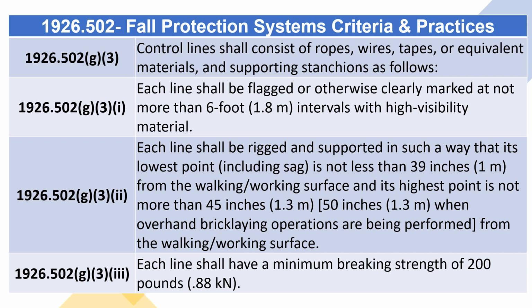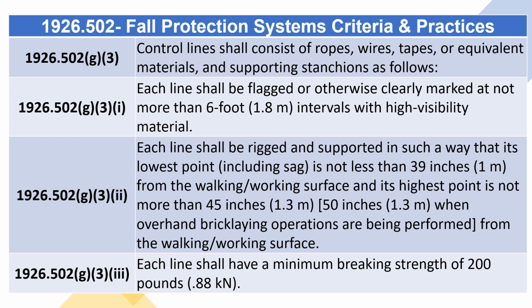1926.502(g)(3): Control lines shall consist of ropes, wires, tapes, or equivalent materials, and supporting stanchions as follows. Each line shall be flagged or otherwise clearly marked at not more than 6-foot (1.8 m) intervals with high visibility material.